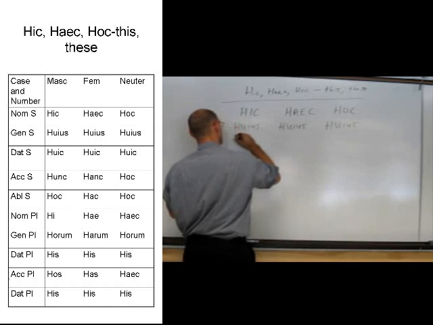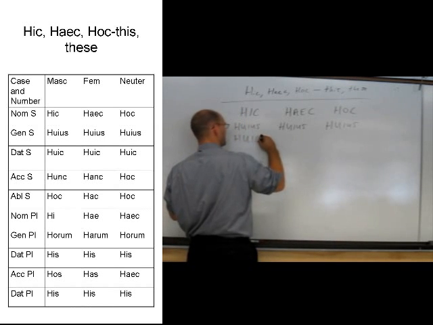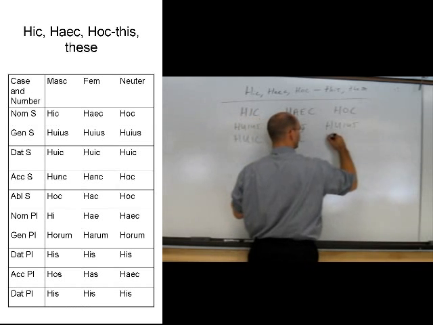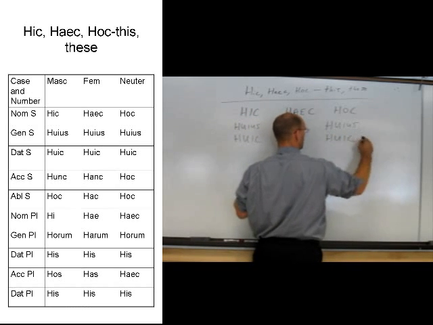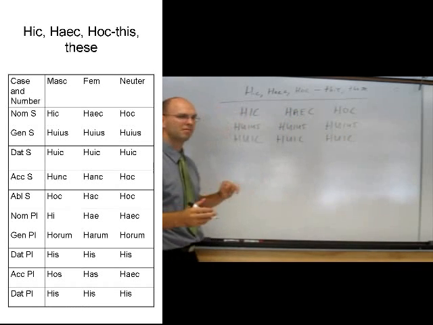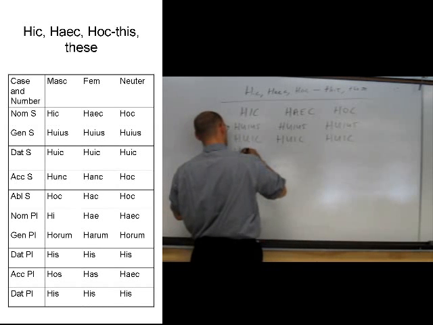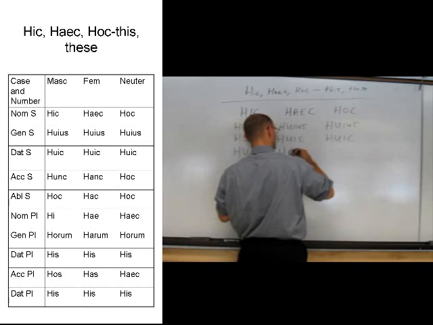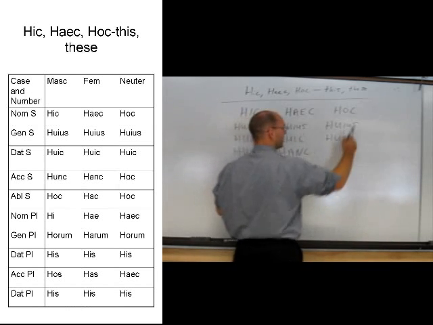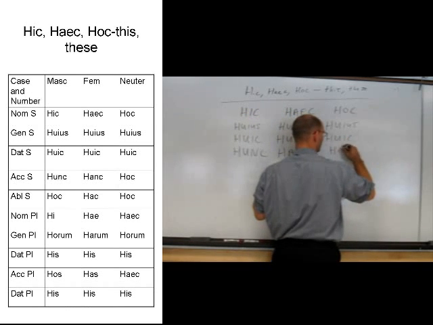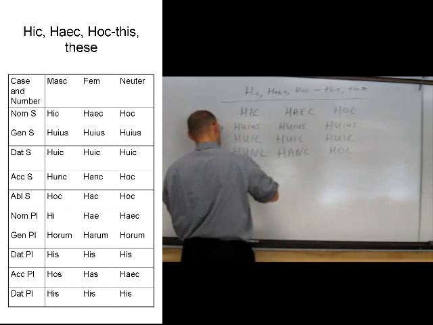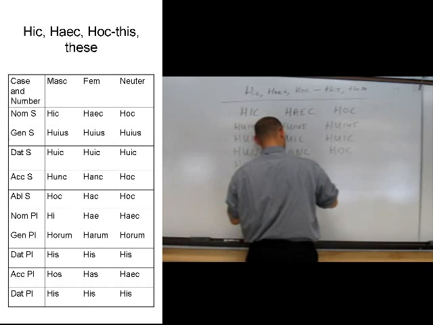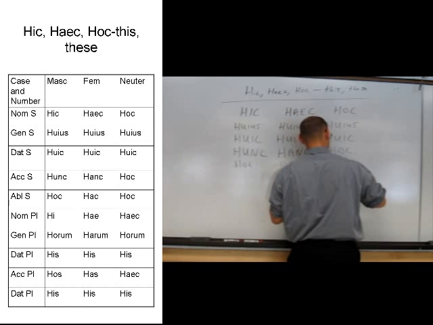Then it's huic, huic, huic. I'm just writing it so you can read it. Then it's hunc, hanc, and then the neuter, hoc. And then it's hoc, hac, hoc.